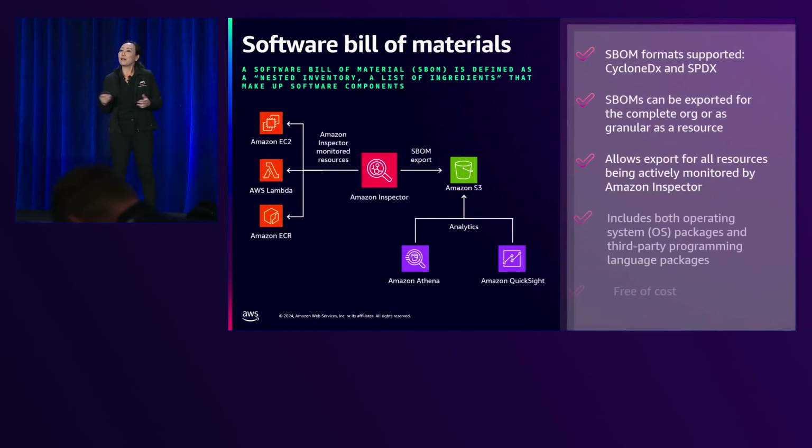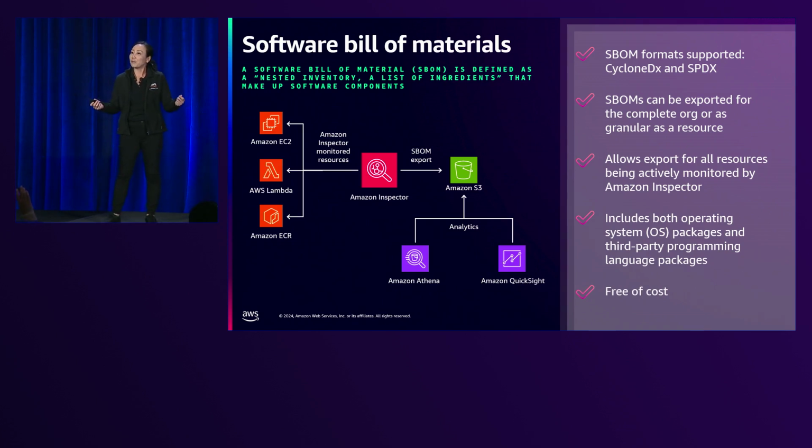So let's talk a little bit about the Software Bill of Materials, or SBOM, right? The SBOM is basically a nested list which contains a lot of your software dependencies and libraries. SBOMs can be exported for a single resource or across a bunch of resources across multiple AWS accounts as well.